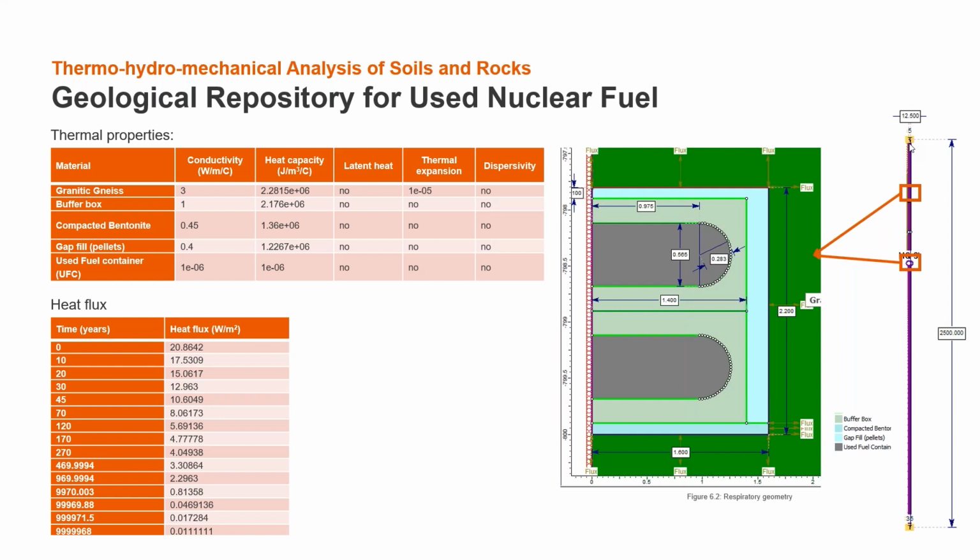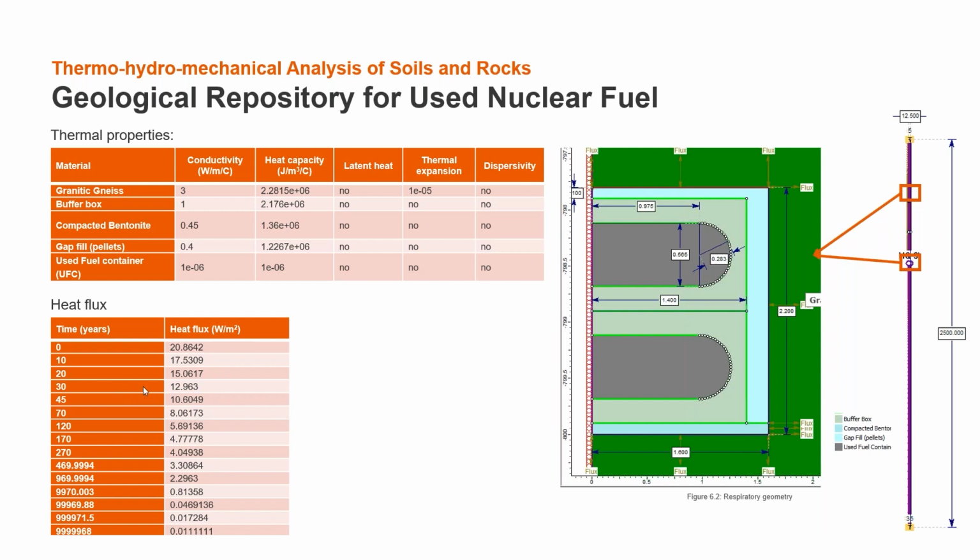The heat flux for each box was calculated from the Mark II used fuel heat generation, as shown in this table. And you can see that the heat flux decreases with time.